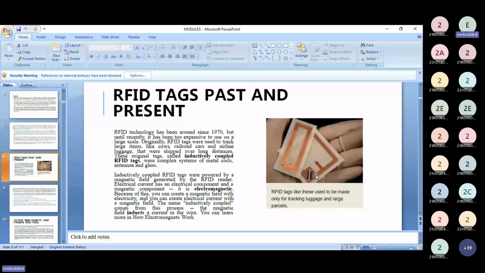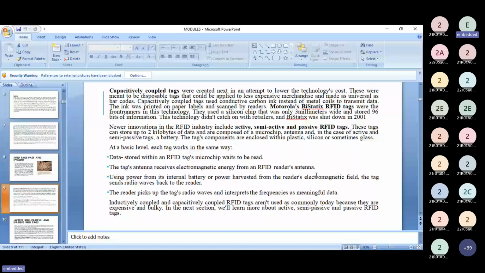Capacitively coupled tags were created next in an attempt to lower the technology's cost. These were meant to be disposable tags that could be applied to less expensive merchandise and made as universal as barcodes. Capacitively coupled tags used conductive carbon ink instead of metal coils to transmit data.